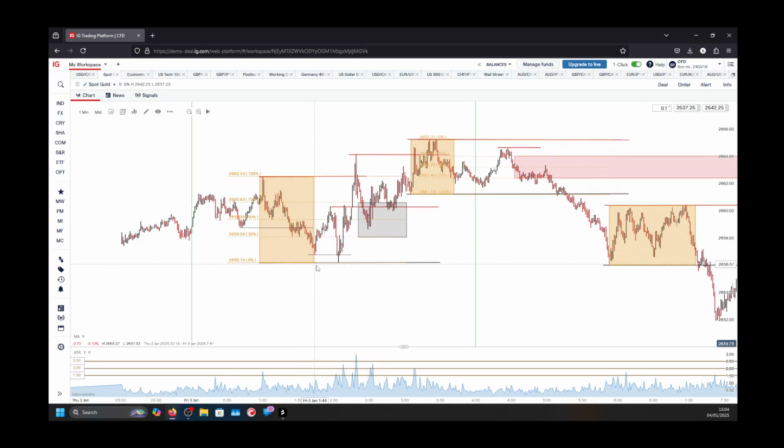So I run a fib from the low to the high and mark off the 70%, 30% and the 50%, and then mark that zone on my chart, and then wait for price to come back in here to take a trade long. The target is the swing high, my stop is the other side of the swing low.